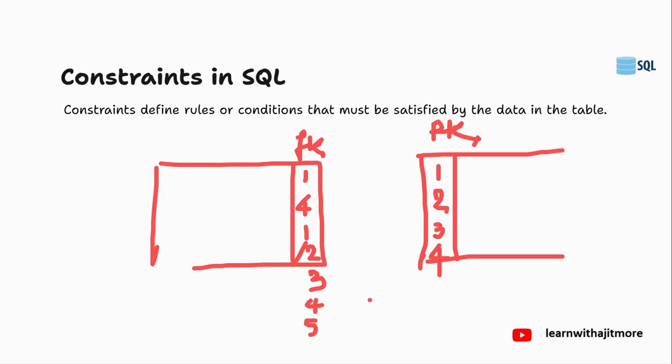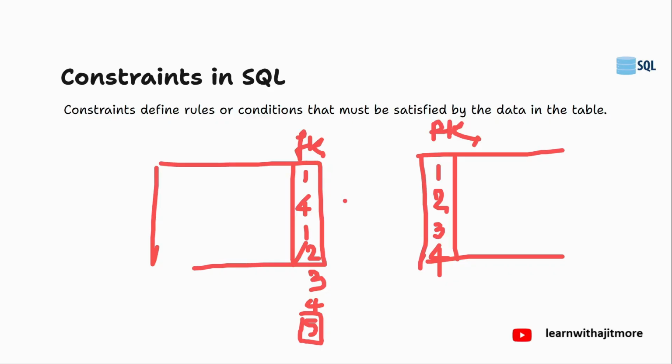It's not like only boys should answer. It won't work actually. Why? Because 5 is not present in these primary keys. And the foreign key rule is only that the foreign key uses values from some other table's primary key. So if it is using something which is not there in that other table's primary key, it is violated.